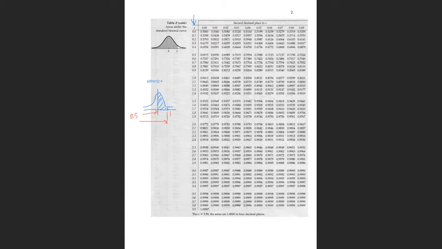So when z is equal to 1.00, with the second decimal place being 0, the probability is equal to 0.8413. So that means the area from negative infinity up to 1 is 0.8413.